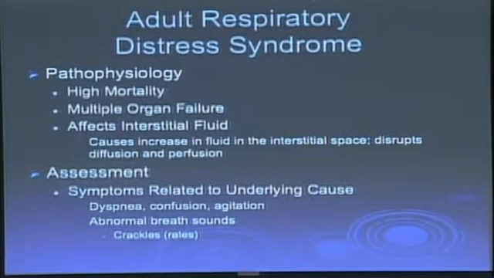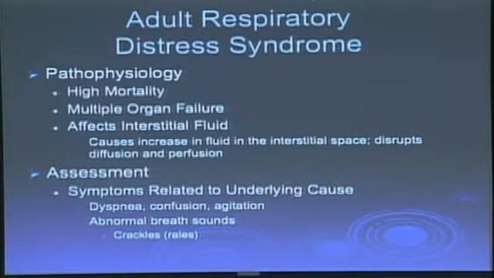Simple way to look at confusion is confusion often means increased CO2. Hypercarbia causes confusion and lethargy, ultimately coma. Agitation means generally hypoxia. So you can have both agitation and confusion leading to coma.